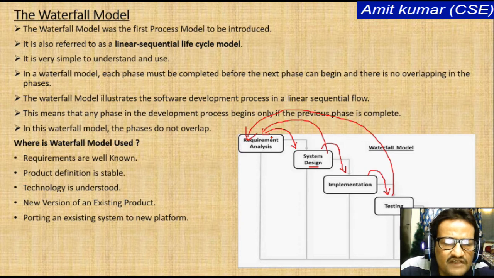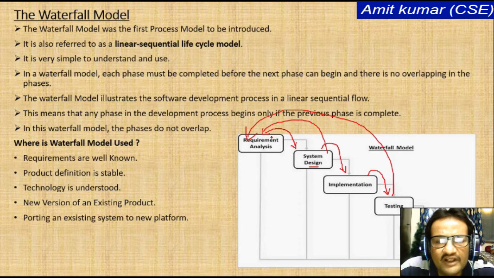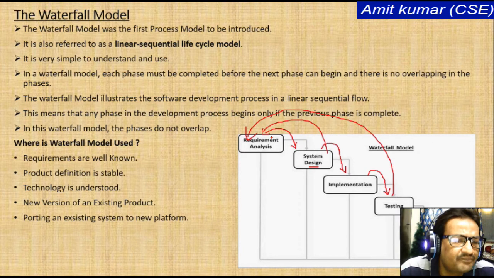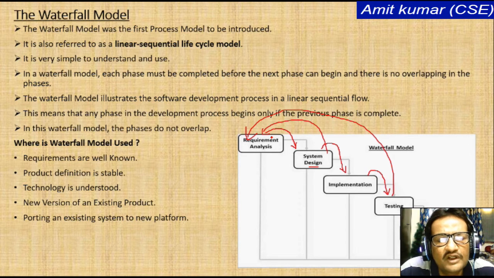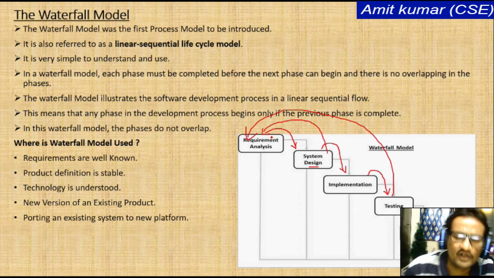There are other models where we can take risk, but the waterfall model is used for projects where there is no risk involved, or for a new version of an existing system, or porting an existing system to a new platform. These are the areas where the waterfall life cycle model is used.